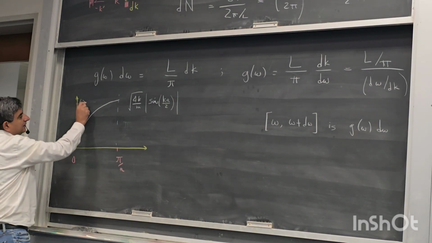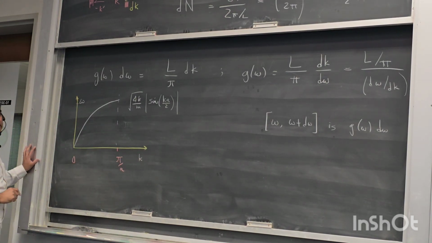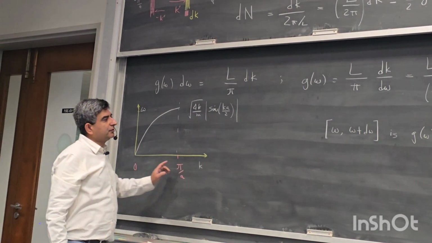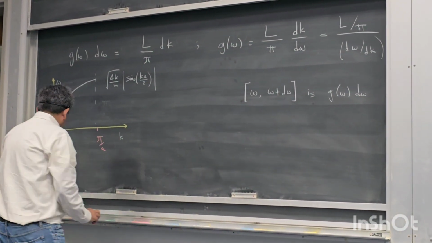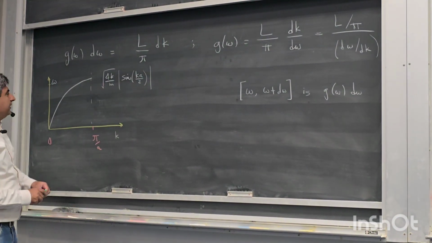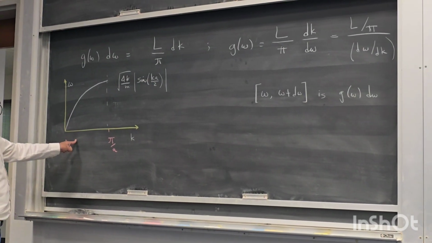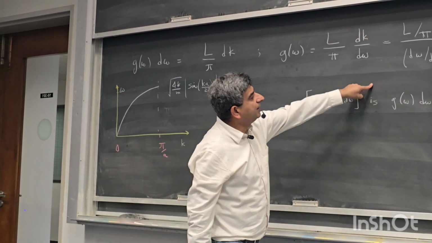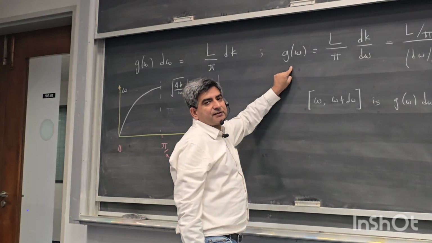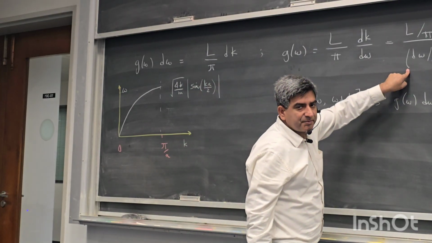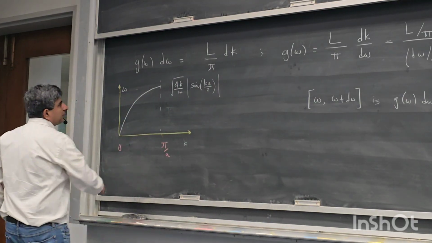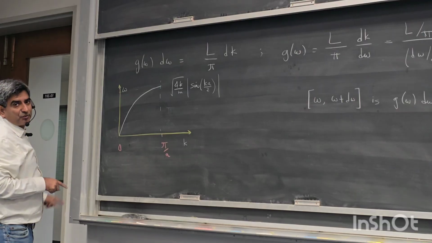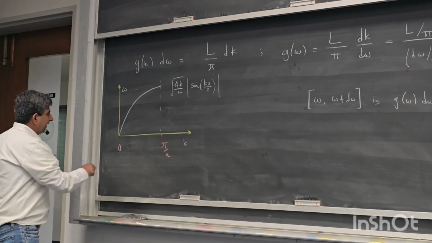This is omega, this is k. Now I need to know this d omega over dk in order to find the density of states. Now this d omega over dk is simply the slope of the dispersion relationship. So the dispersion relationship feeds into the calculation of the density of states. So once you know the dispersion relationship, you can tell what the density of states is. So the density of states here is going to be equal to the inverse of the slope of this graph.